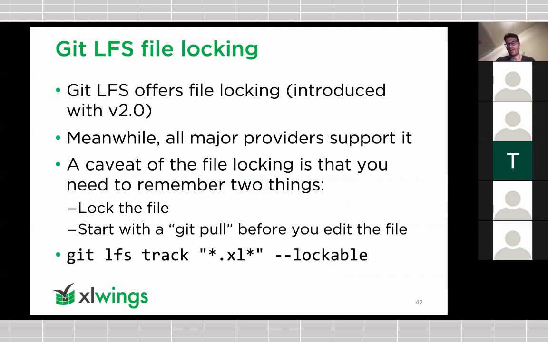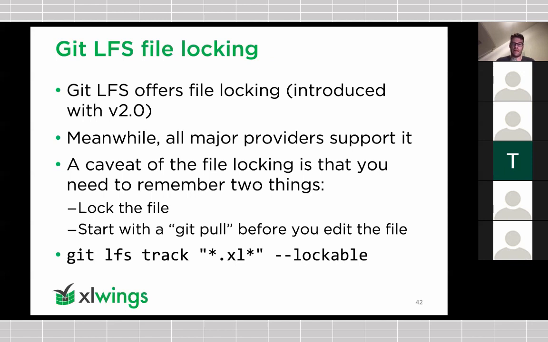The other thing that happens with file locking via Git LFS is that you do have to remember two things. First of all, you have to lock the file. You have to issue the command. And also, before you lock it, you still have to pull the file. If you do not get the latest changes from the server, if you forget that, then you will still potentially be presented with a merge conflict.